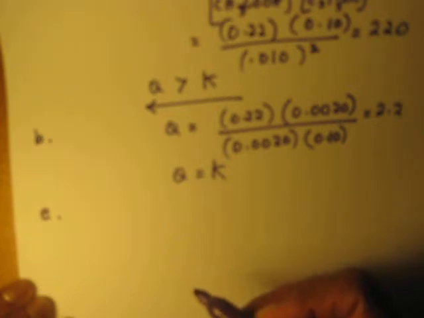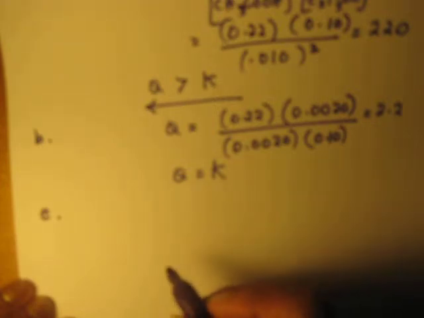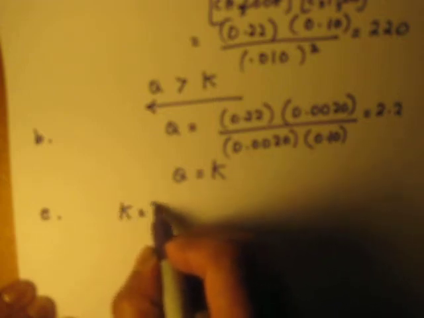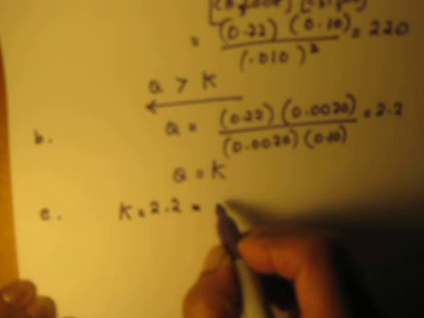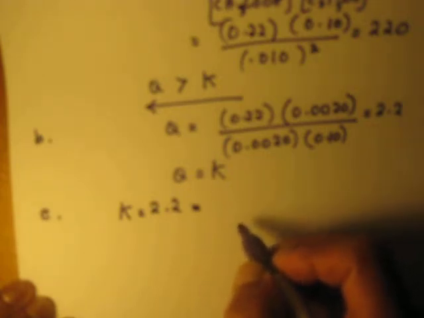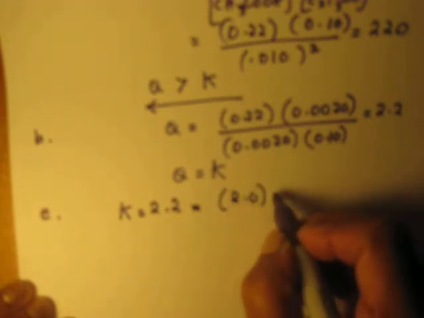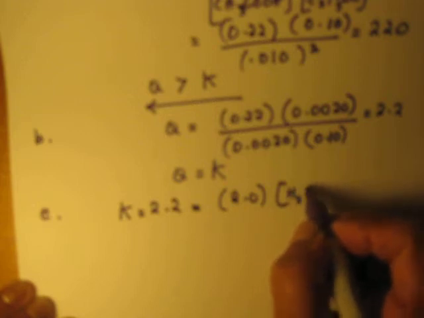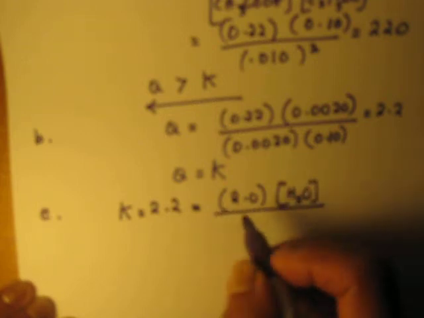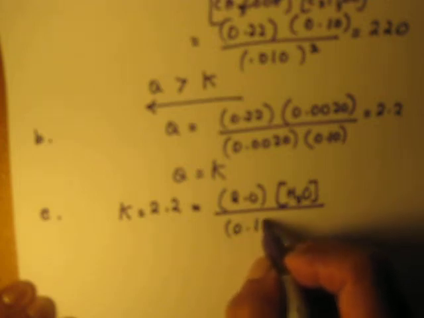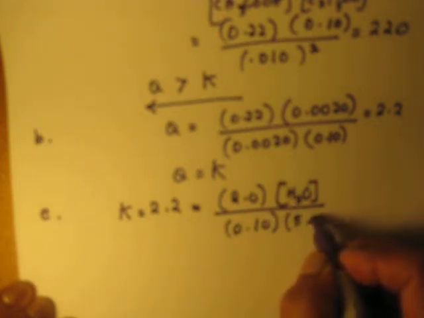Part E. What must the concentration of water be for a mixture? The concentrations are given for other substances. So basically what you have to do is K equals 2.2 equals, write the equilibrium expression, I'll just plug in the numbers here, 2.0 times H2O concentration over 0.10 times 5.0.